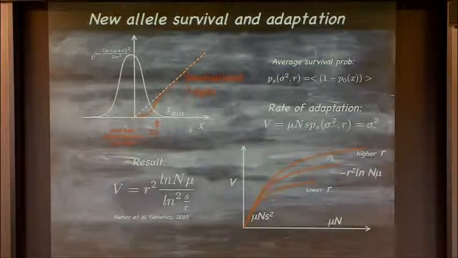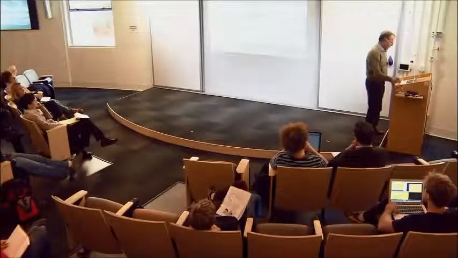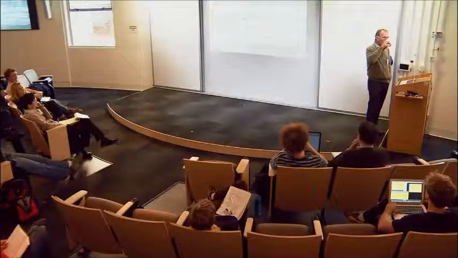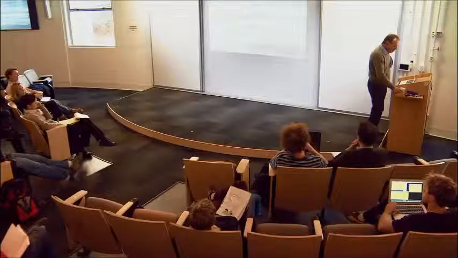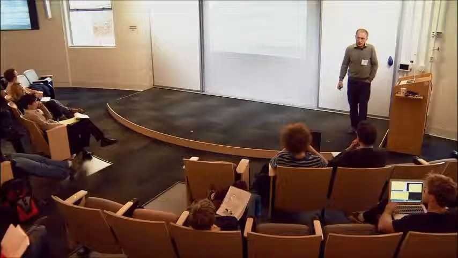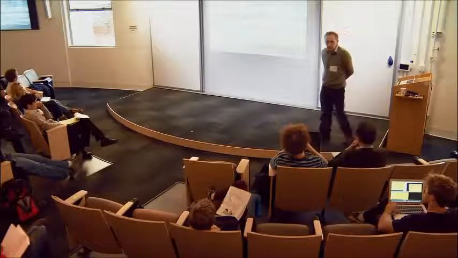And they're wasted, again, you see it right here. The survival probability is not 1 through the whole distribution. It's still only a fraction that survive. So before in the asexual case, even when the rate of adaptation became only logarithmically dependent on the population size and the mutation rate, you could still crank it up by increasing the strength of selection.